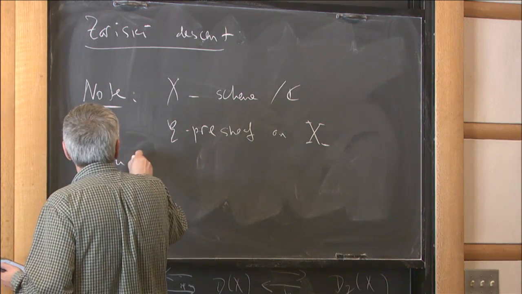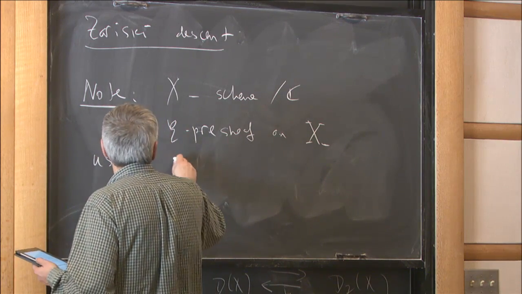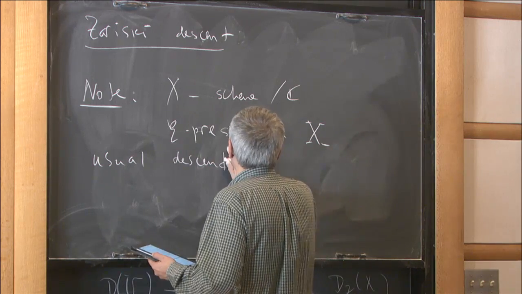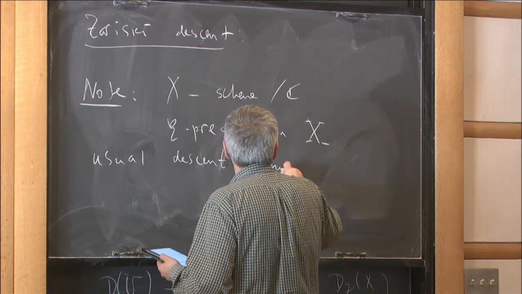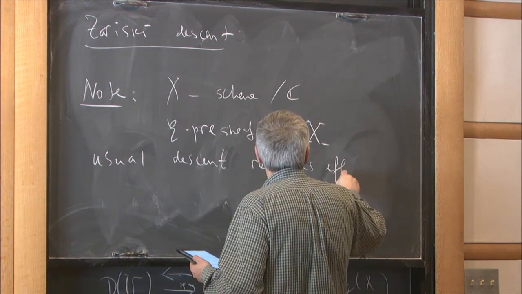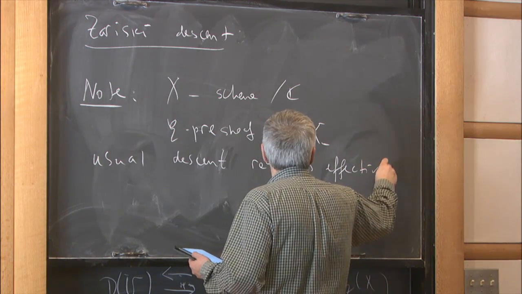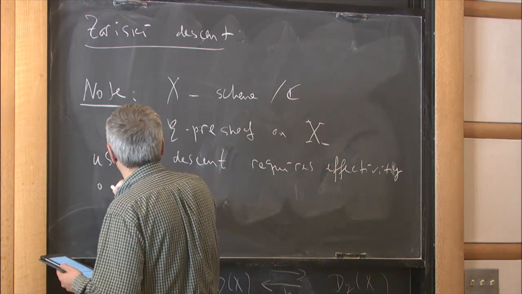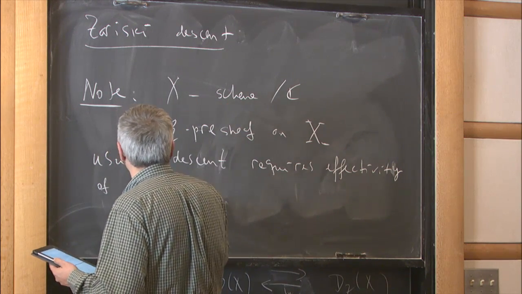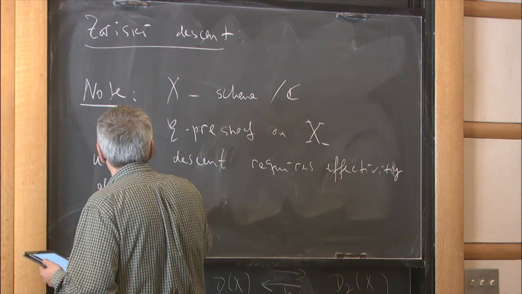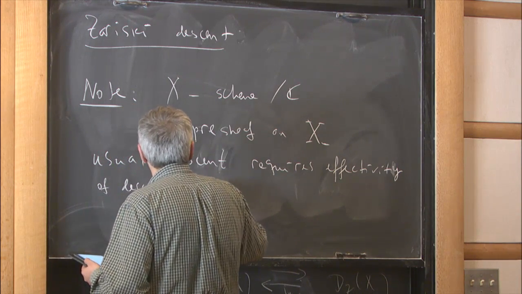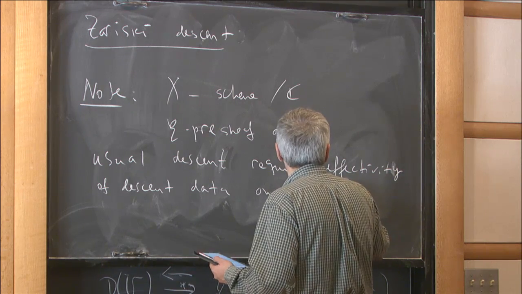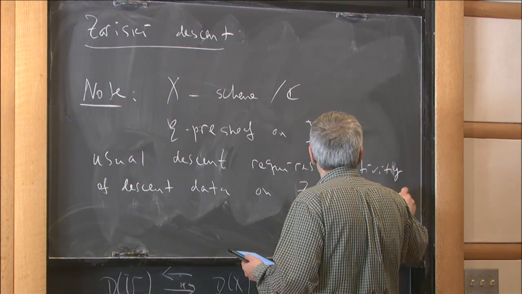So usual descent requires effectivity of descent data on flat or Zariski covers. Say Zariski covers.